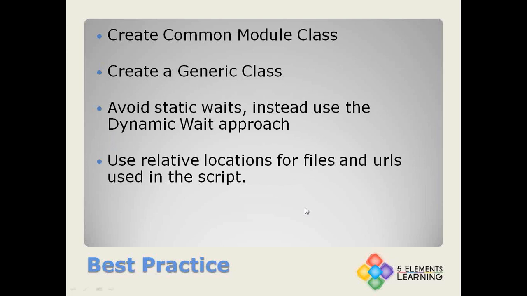Now, we create a common module class or a generic class as you have seen in the framework creation. The module class was application specific where we created business functions for the module.